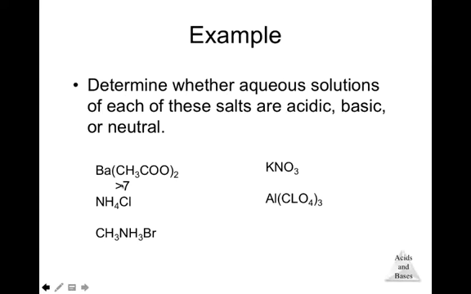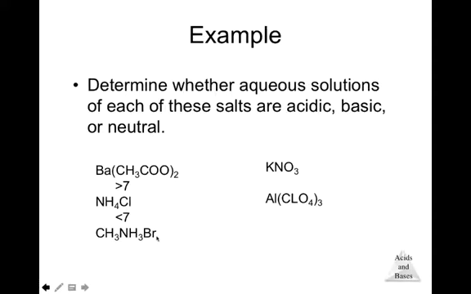Look down here, NH4Cl. When this dissociates, what are you going to have? NH4 plus and Cl minus. Cl minus is the conjugate base of a strong acid, so this doesn't do anything, and then you're going to have NH4 plus, conjugate acid of a weak base. So that's going to be donating some protons, so that's going to lower the pH. CH3NH3Br.